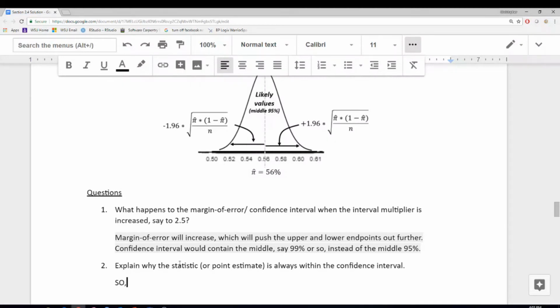So the statistic is always contained in the confidence interval. In fact, it is the middle of the confidence interval.